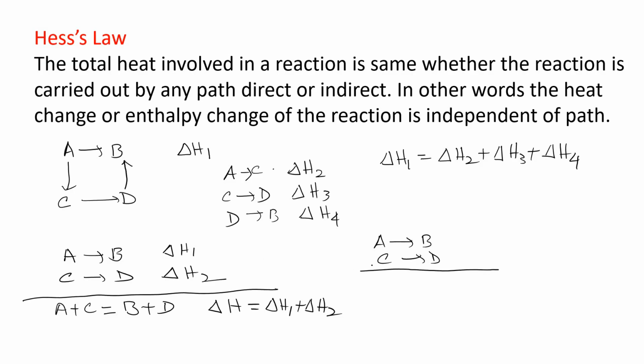It will be A plus D, since minus minus makes plus, with D coming to this side, equal to B plus C. Then delta H will be equal to delta H1 plus of minus delta H2, that is minus delta H2. So this is your Hess's law, that is, the heat change of a reaction is independent of the path followed.